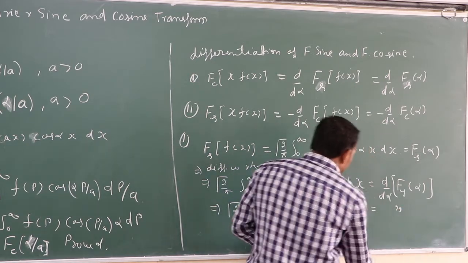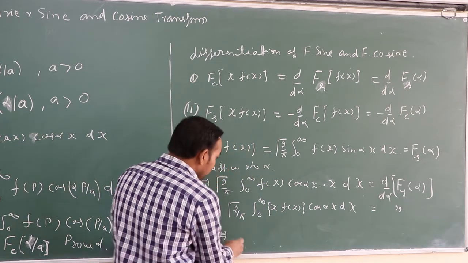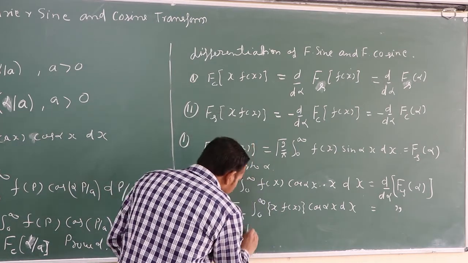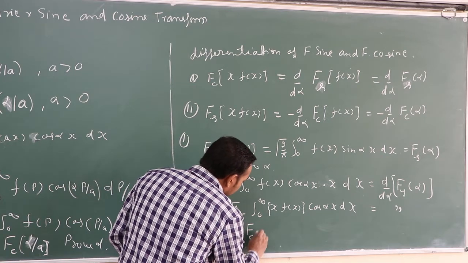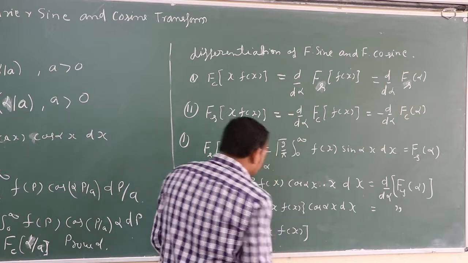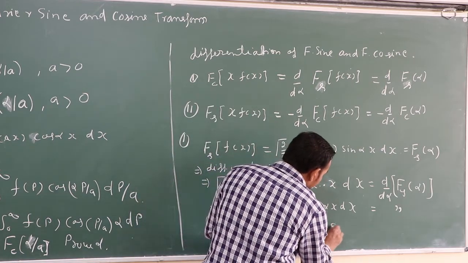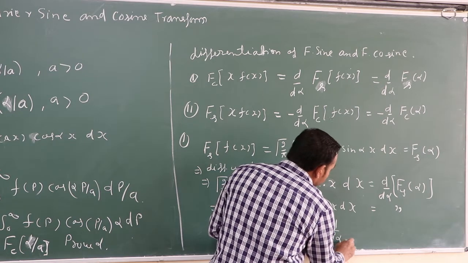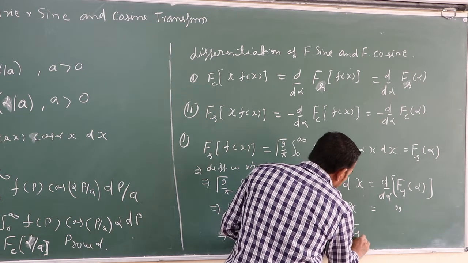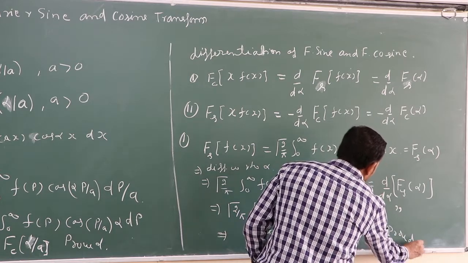Finally this is the Fourier cosine transform of x f(x), which is equal to d upon d alpha f_s(alpha). Say this is proved.